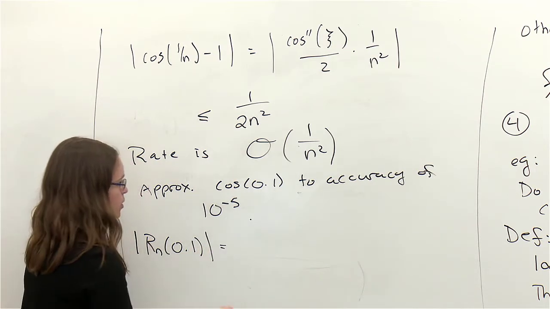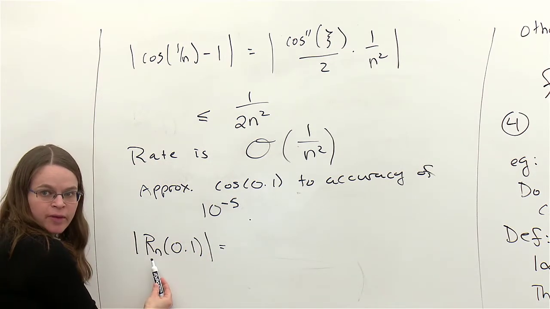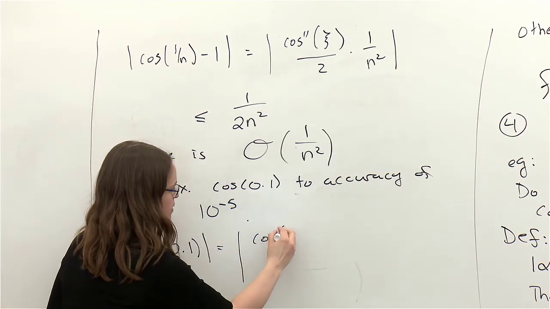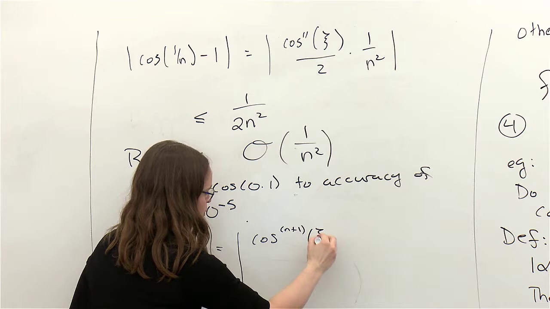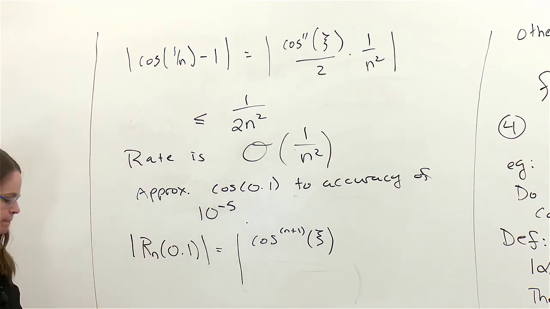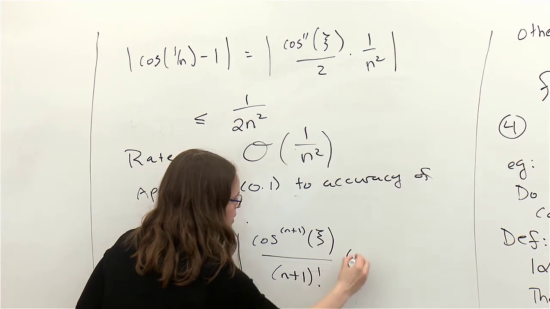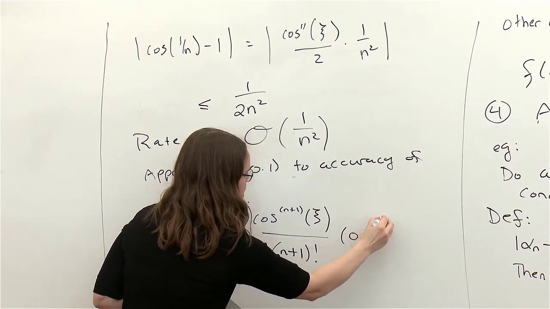So the remainder is going to look like the next term, the n plus first term. So I'll have cosine n plus first derivative evaluated somewhere, divided by n plus 1 factorial, and then times 0.1 to the n plus 1.